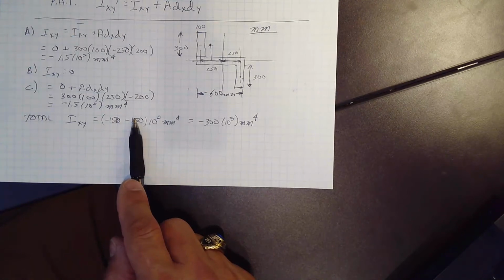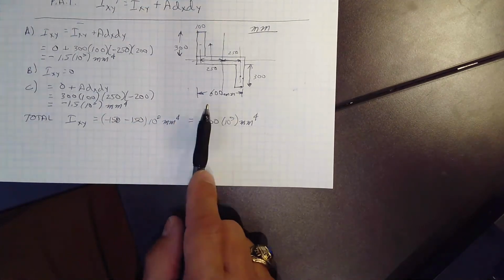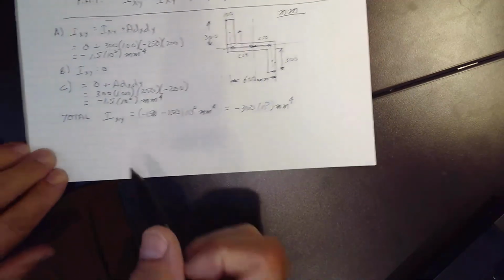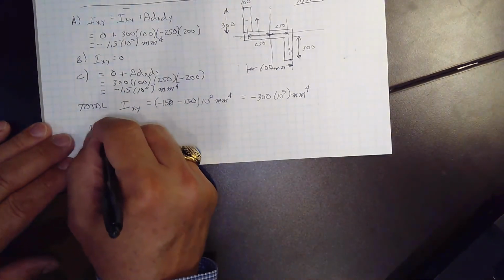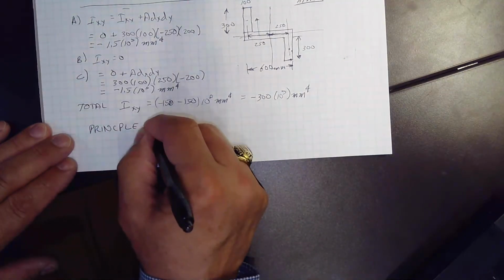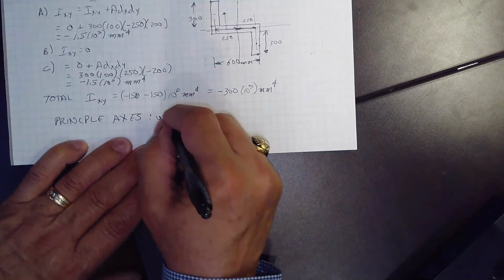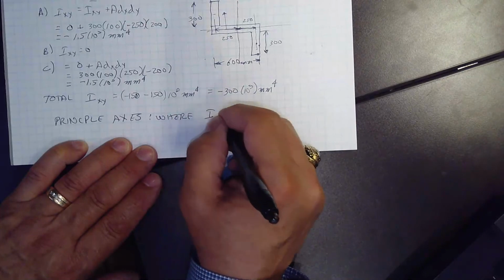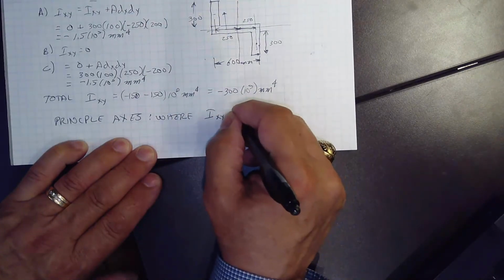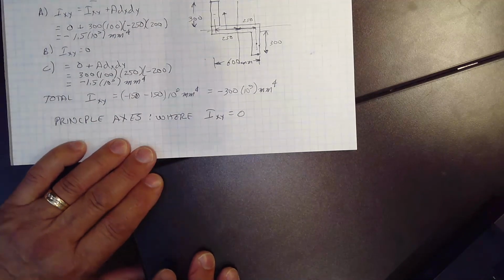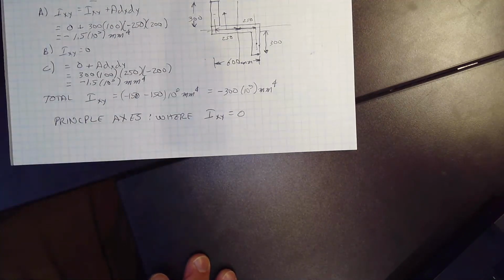We can also look at the inclined axis for this, because the axes of what was called the principal axes, that is to say principal axes, where IXY equals 0. That's what we're looking for, is where IXY equals 0. Okay?